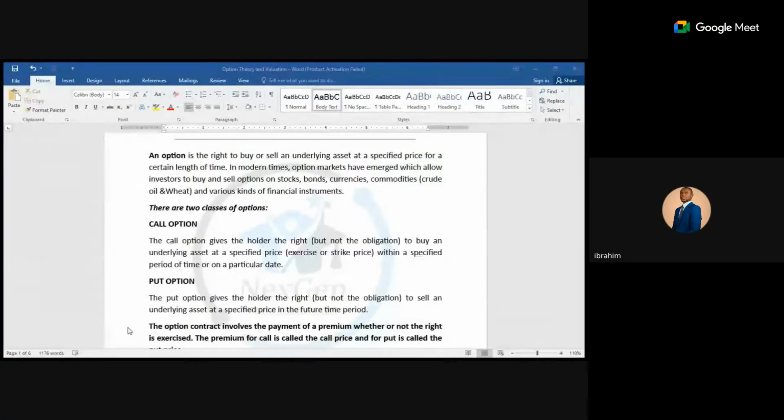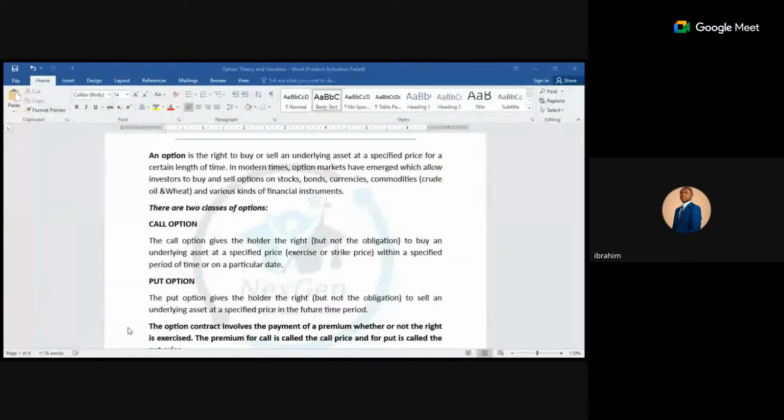Let's say, for instance, the current market price of the shares in an option market is 5 naira. You buy it at 5 naira, and you enter into an option contract with First Bank that at the end of December, this is the amount you will buy that particular underlying asset.